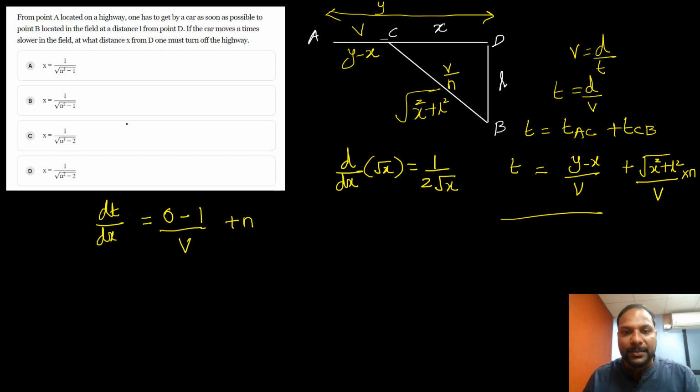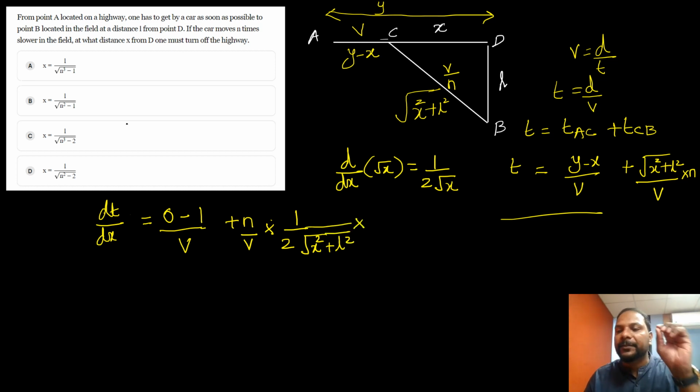So that will be n by v multiplied by 1 by 2 times the square root of x square plus l square, into the differentiation of x square, which is nothing but 2x.